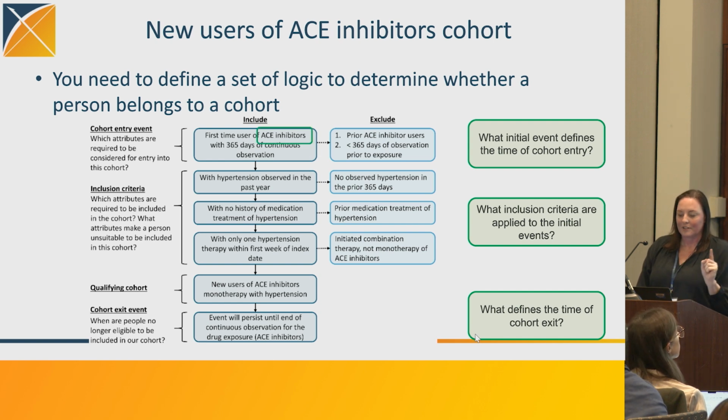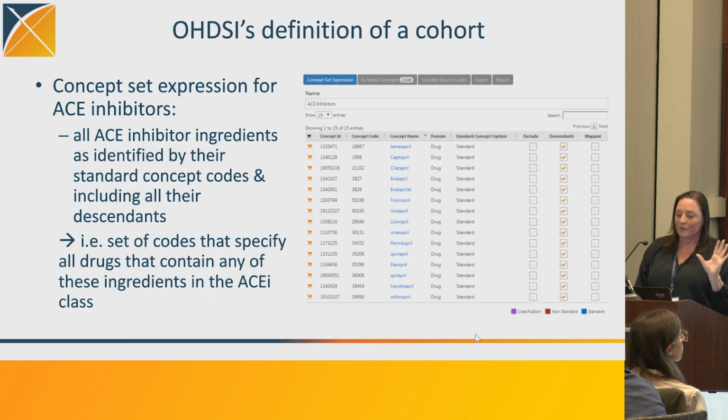But what you'll notice is I've just used the words ACE inhibitor and hypertension without qualifying that. What we can do in OHDSI to create a cohort of people who have a particular condition is come up with concept set expressions for those cohorts.